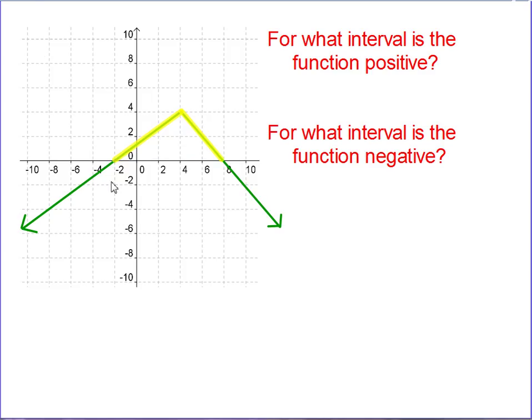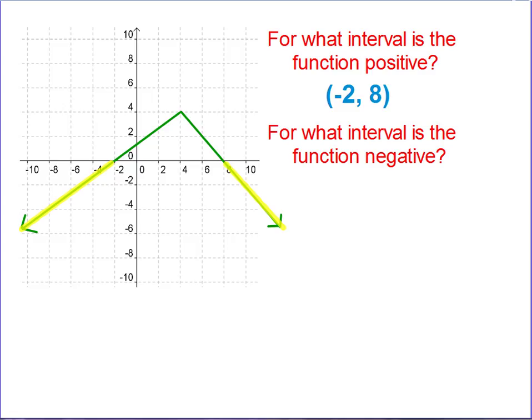This graph sits above the x-axis from where x is -2 all the way over to where x is +8. So that's our interval. Again, not including the endpoints, because when you're sitting on the x-axis, it's not above or below. We also have two sections of graph where this function is negative.